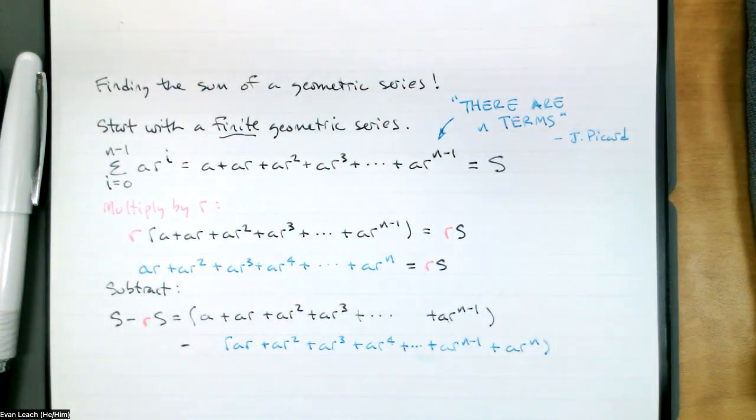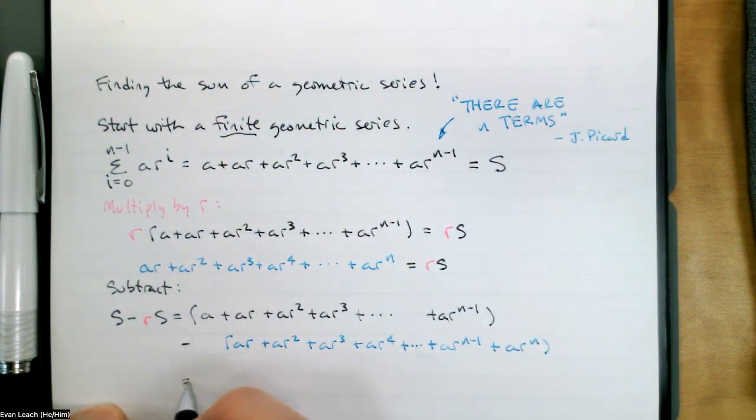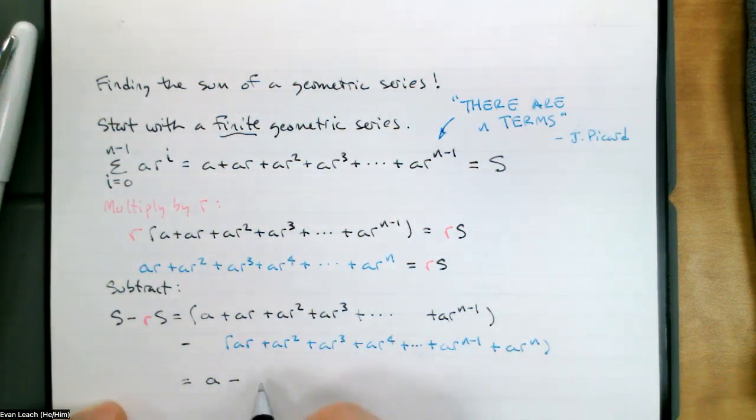So we see that when we subtract the rS sum from the S sum, almost all the terms cancel out. All that's left is the first term of the S sum and the last term of the rS sum. So all that's left here is an a minus ar to the n. Everything else cancels out.